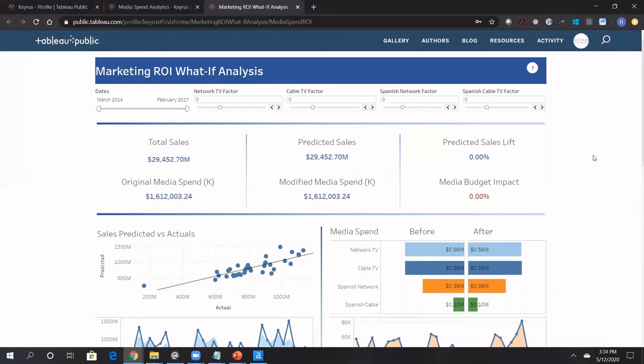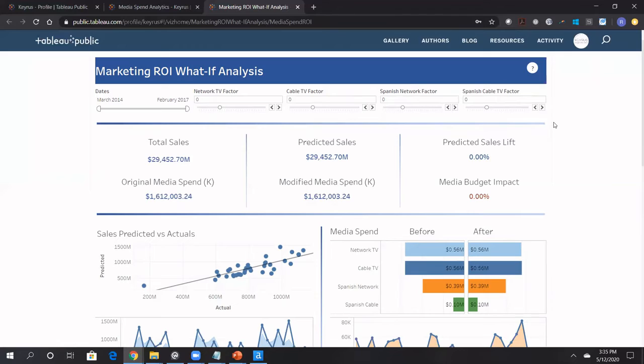The reason is that there are a lot of nonlinearities in these data sets that these machine learning models can really pick up on, that a neural network could describe perfectly. So we have a model that ties our investments in various media channels like network TV, Spanish network, Spanish cable, to our impact on sales. And this is all tied together in this dashboard here.